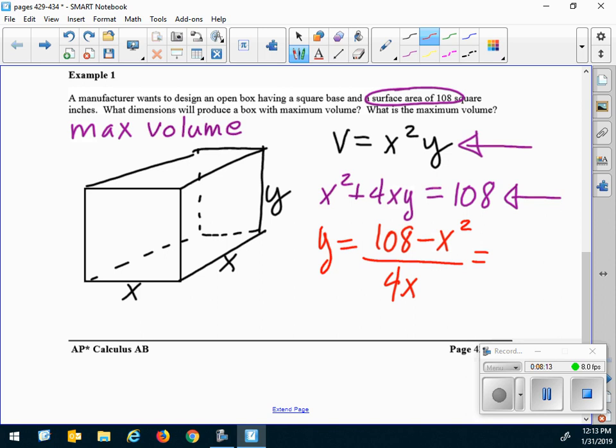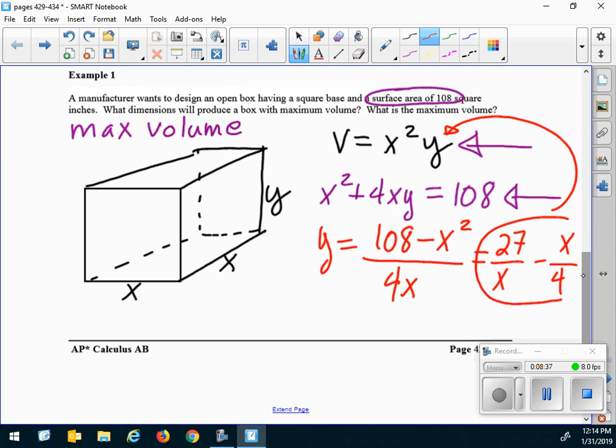So this is 27 over x minus x over 4. I'm going to substitute it right here because that's what y equals. You with me so far?